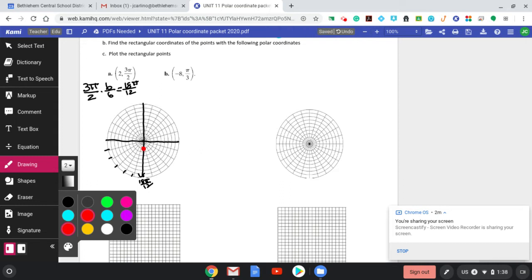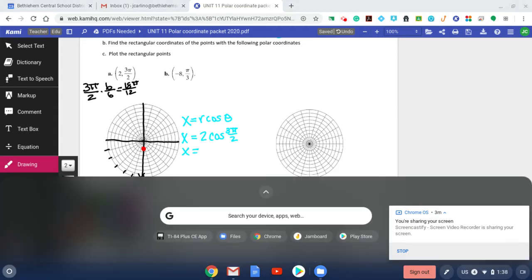So now it's time to convert. All right, let's convert now. So to find the x coordinate, I'm going to do r cosine theta. All right, so x equals 2 times cosine 3 pi over 2. All right, so that should be equal to, now here's where I go to my calculator, and here's where you guys got to make a choice.